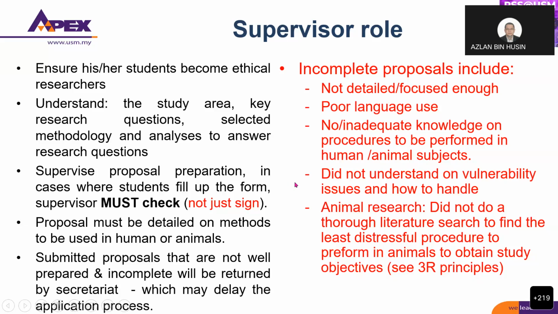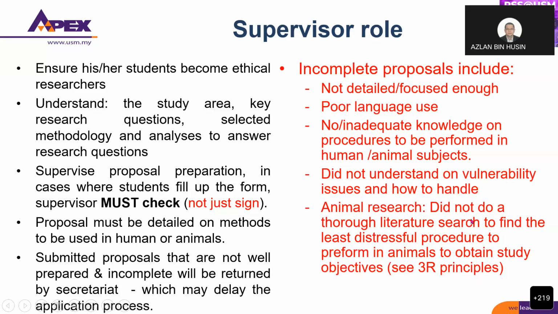Okay, and many of those, especially in human research, are unable to recognize what the vulnerability issues are. They may recognize a vulnerable group, but sometimes they are not clear what type of vulnerability, how to address that. Okay, and in animal research, they do not do thorough literature research.